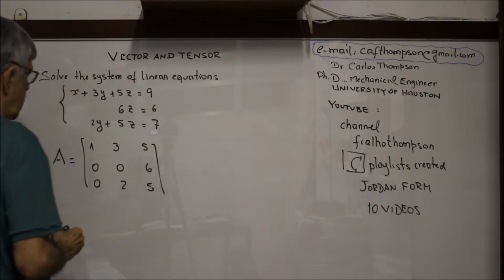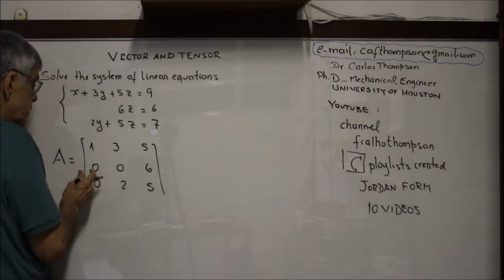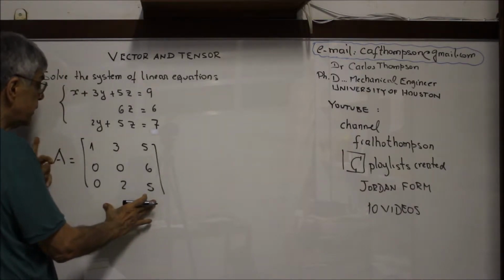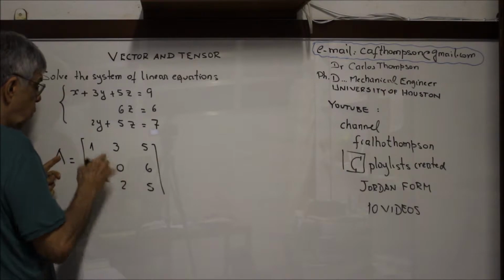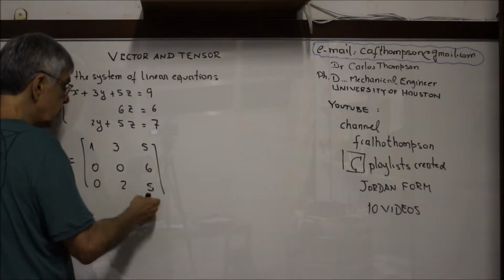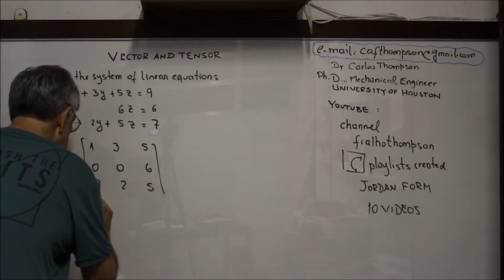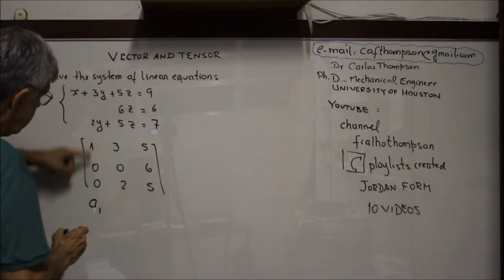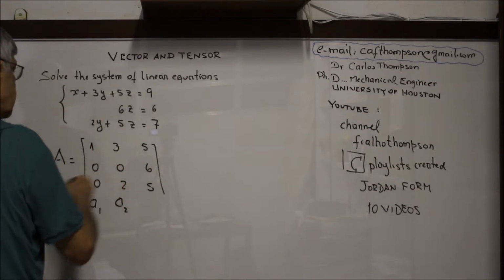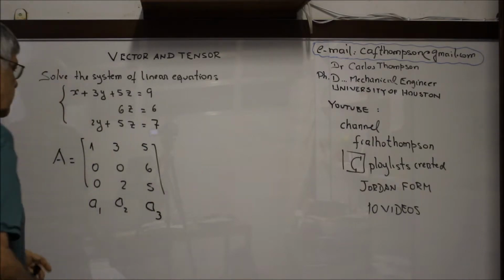Now, you see, we have here 3 columns, which are linearly independent. One column does not depend on the other two, and vice versa. Let's call A1 the vector of the first column, A2 the vector of the second column, and A3 the vector of the third column.